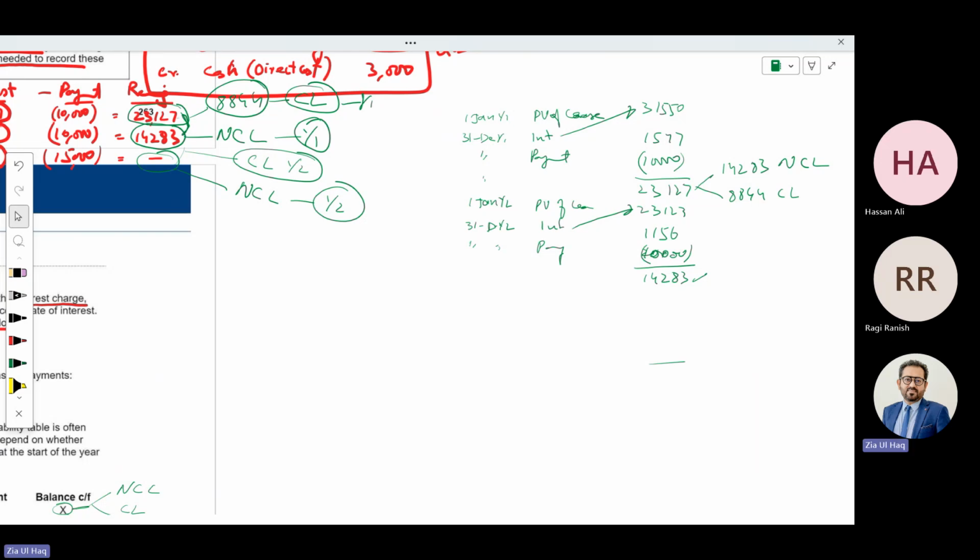So the examiner asks, what will be the lease liability for year one that you need to record in the financial statement? We have calculated the total, but how much is non-current and how much is current? For that, we need to calculate for the next year as well. Is it fine?